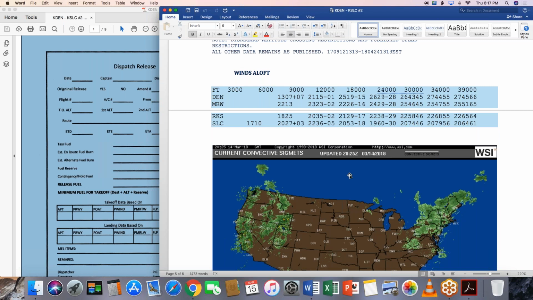My winds aloft over RKS are 226564. Okay, can I ask a question real quick? Yes. Those 2 points on the winds aloft are 2 points along the route? Yes, those are two VORs en route between Denver and Salt Lake.